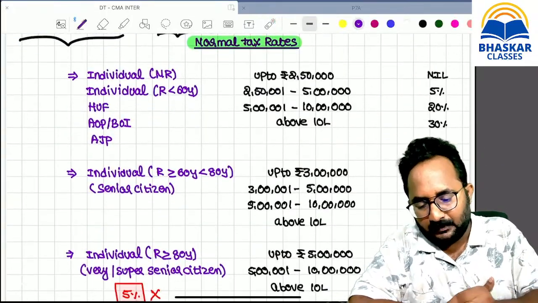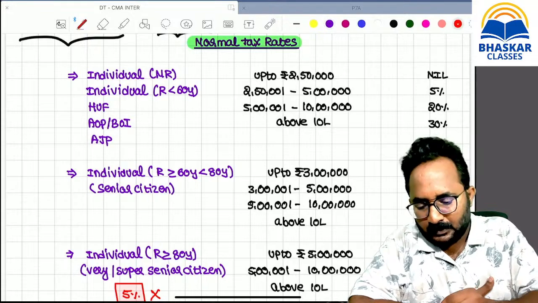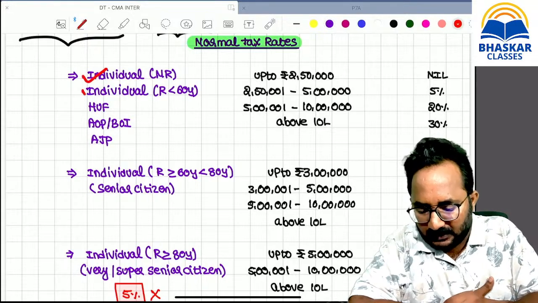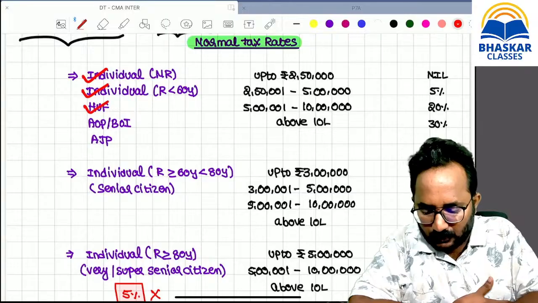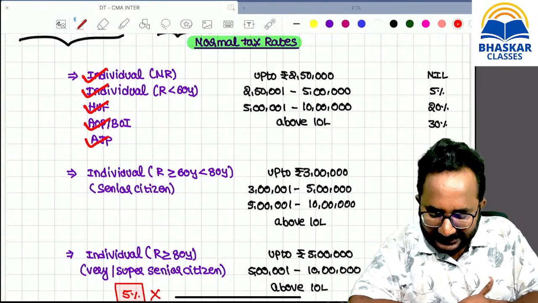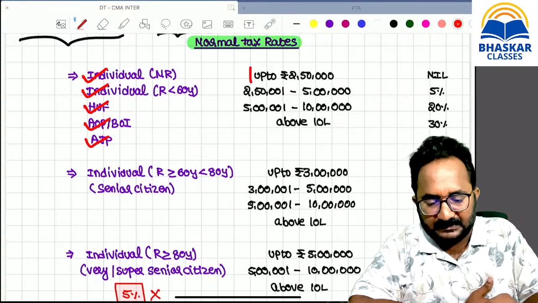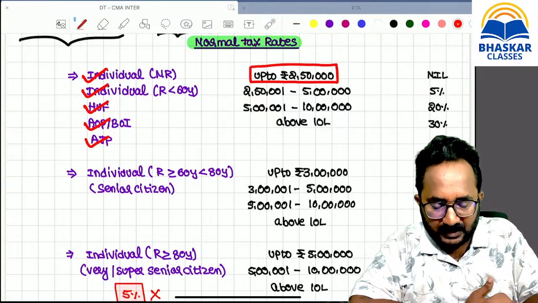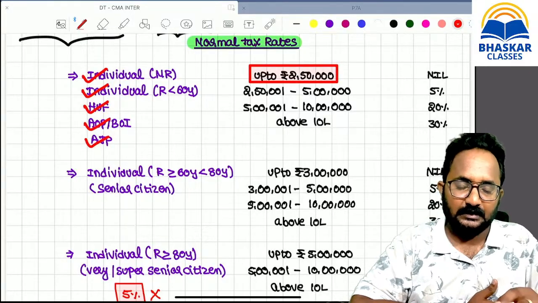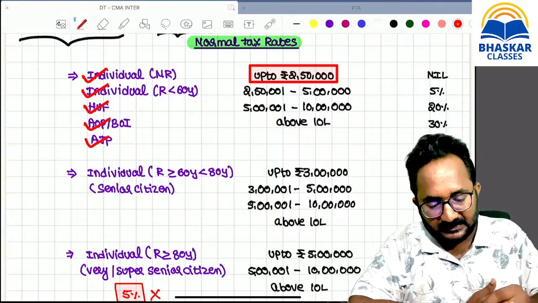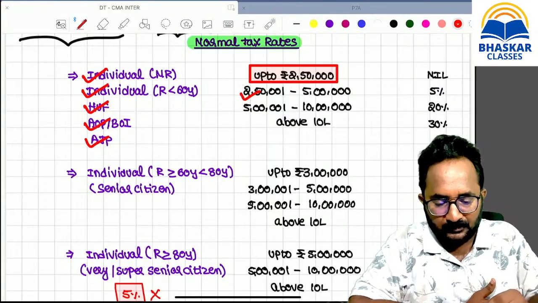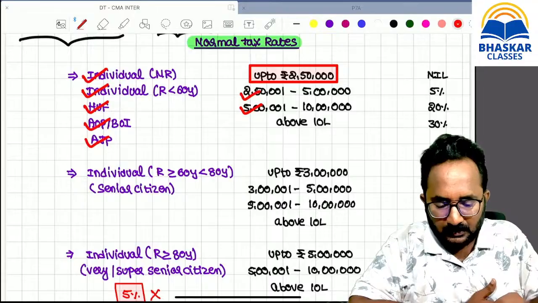Now the first category: individual non-resident, individual resident less than 60 years, HUF, AOP, BOI, AJP. Can you tell me the basic exemption limit? 2,50,000. Next slab 2,50,000 to 5 lakh. Next 5 lakh to 10 lakh. Then above 10 lakh.